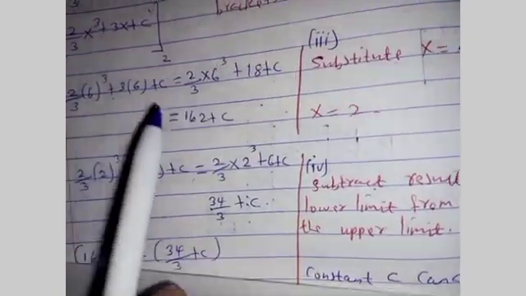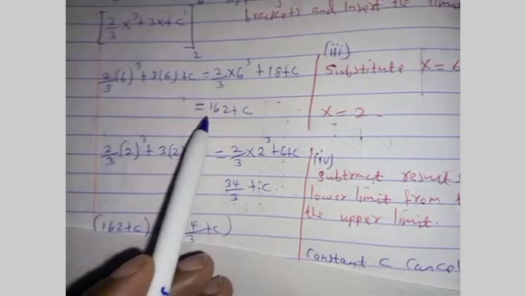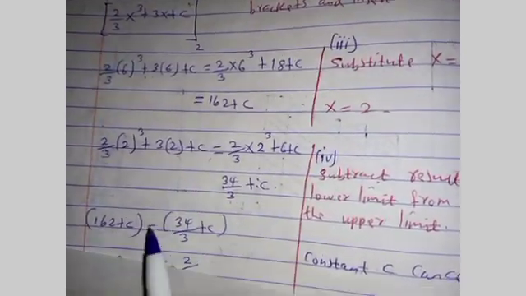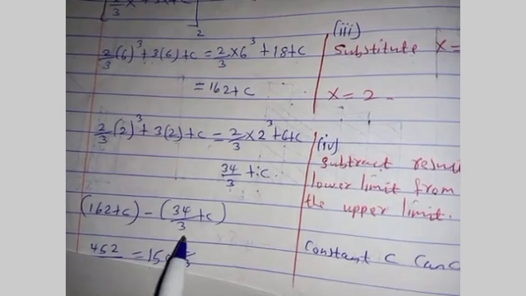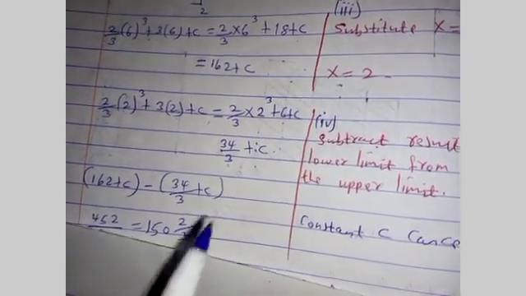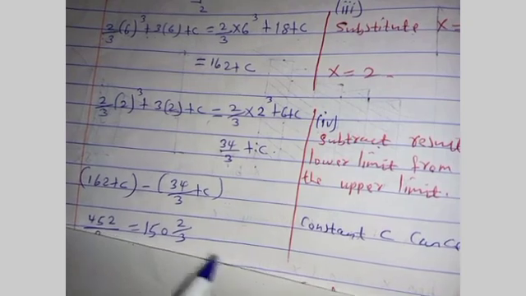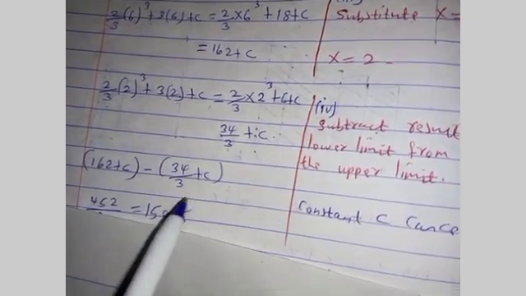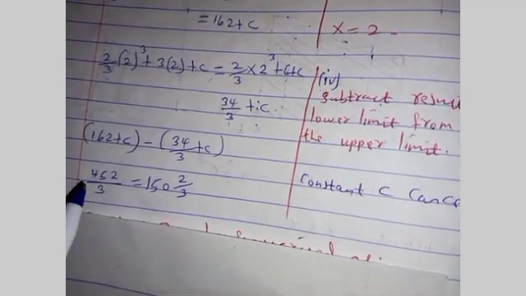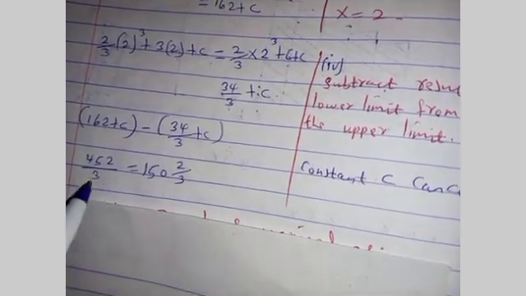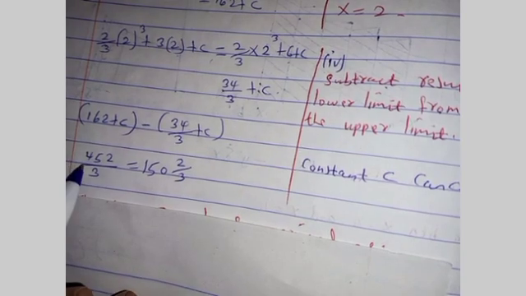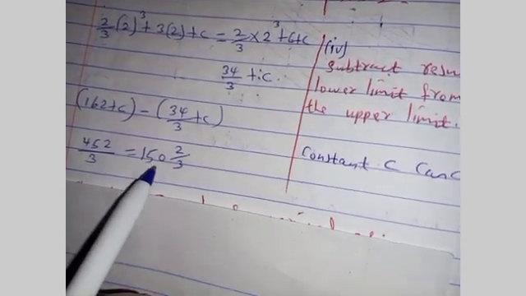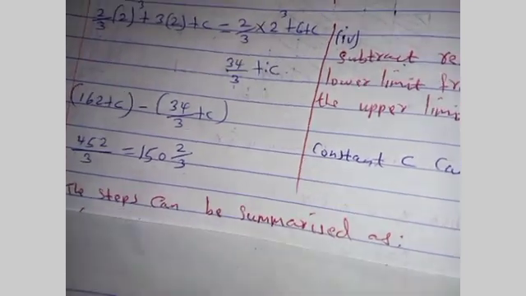So we say 162 plus c minus 34 over 3 plus c. Of course, c minus c will cancel and we will be left with 162 minus 34 over 3, to give us 452 over 3, which is an improper fraction, which can be written as a proper fraction, 152 over 3, as shown there.